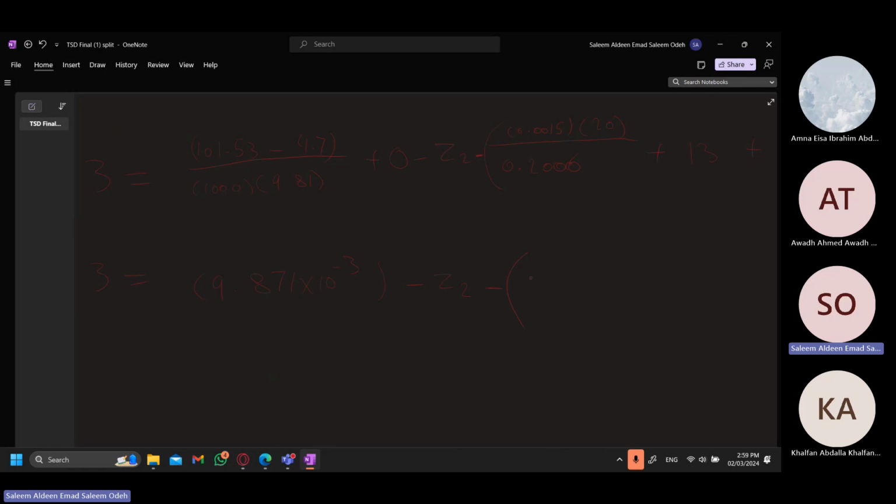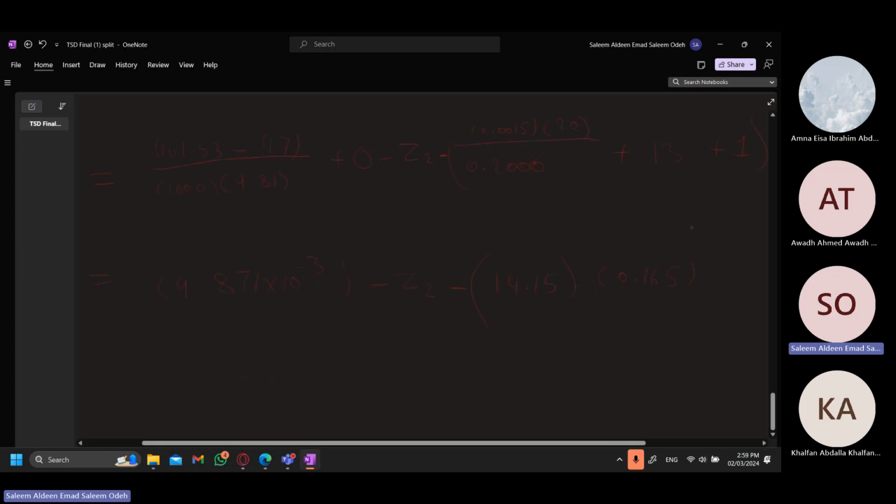Multiply minus 14.15 multiplied with 0.165. This is the value for the velocity we had earlier. Let me just specify that for anyone that wants to watch this later. So this is this, and this part is this.